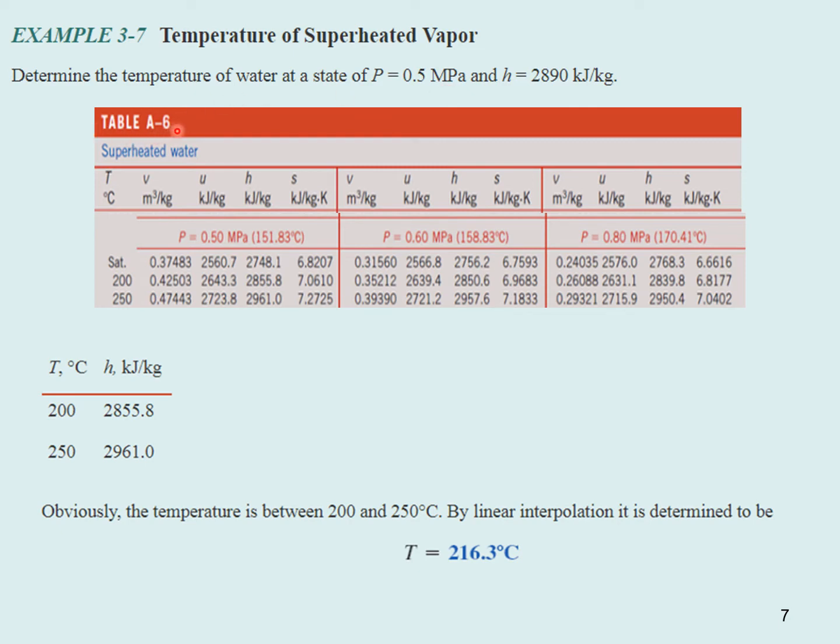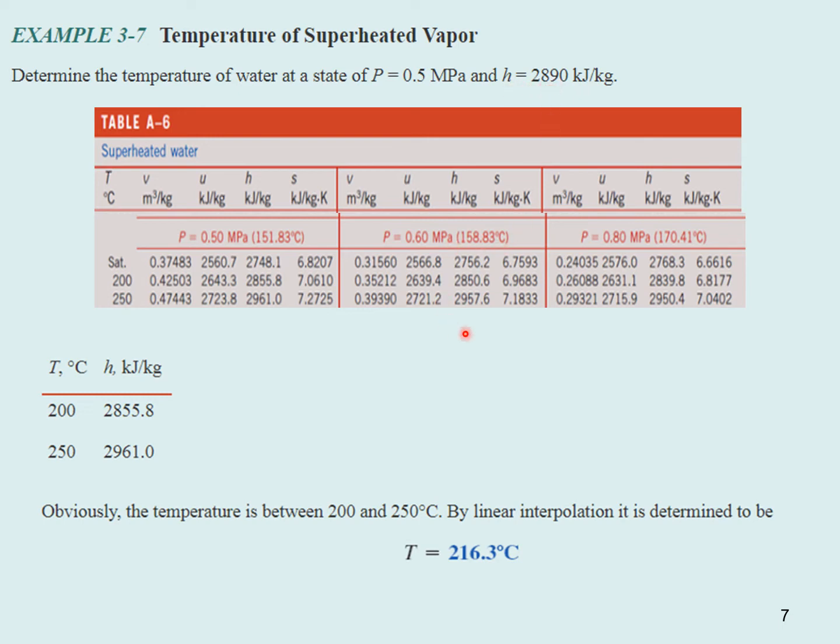If you go to table A6, we're not given the temperature or pressure, we're given the enthalpy. So we have to go into the table a little differently. Usually we'd come over to the first column and go down and then across, but we don't know what the temperature is. That's what we're trying to find. So we have to go in with what we have. We know that we have an enthalpy of 2,890.